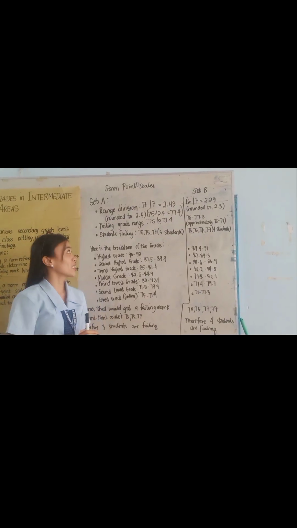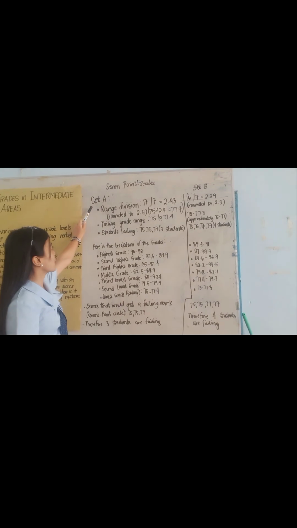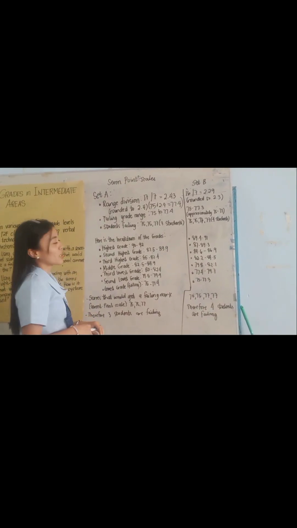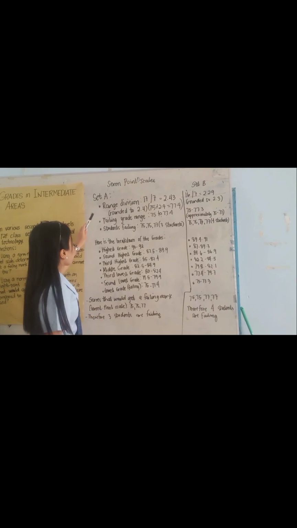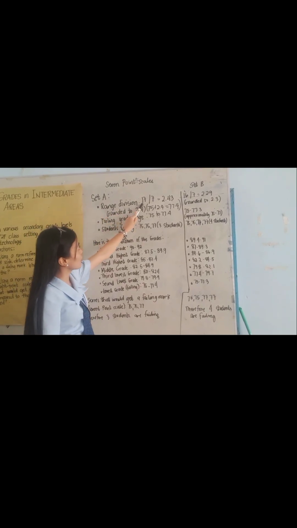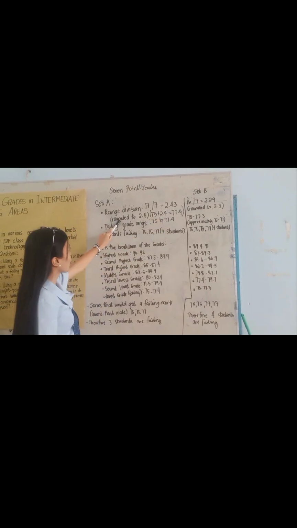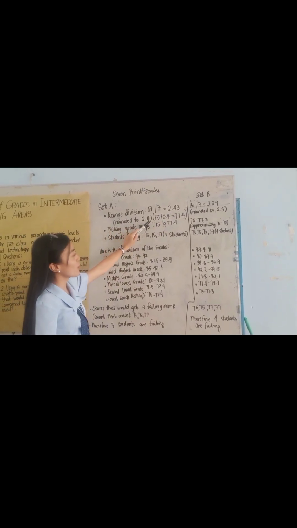So now let's proceed to the 7-point scales in set A. Since Mr. Zelda already discussed the range earlier, the range division is 17 divided by 7, which equals 2.43. So we're going to round it to 2.4.